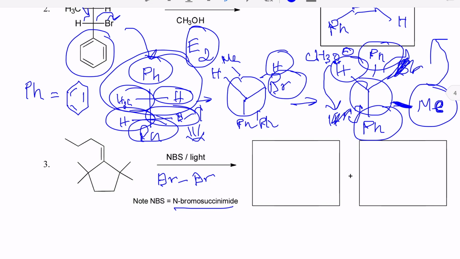So let's dive in. Let's say that we have a bromine radical, produced after some of that bromine in the NBS sample interacts with light.